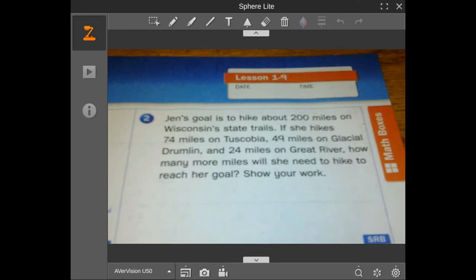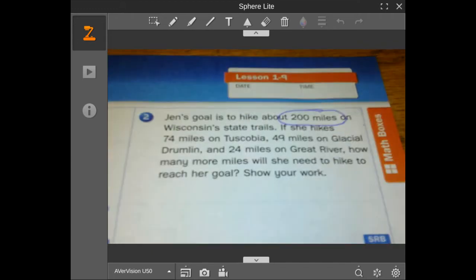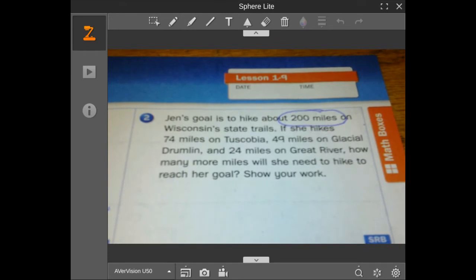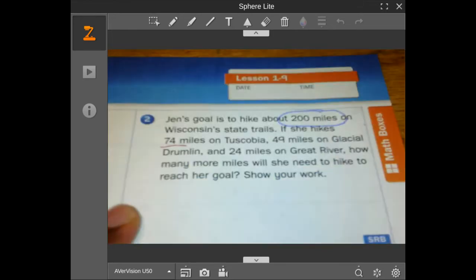We know her goal is about 200. That's pretty important information. Now, what do I already know? How many miles has she already hiked? She hiked 74, 49, and 24. Different trails, different places. But her goal is still 200. We need to know how many miles she has left.